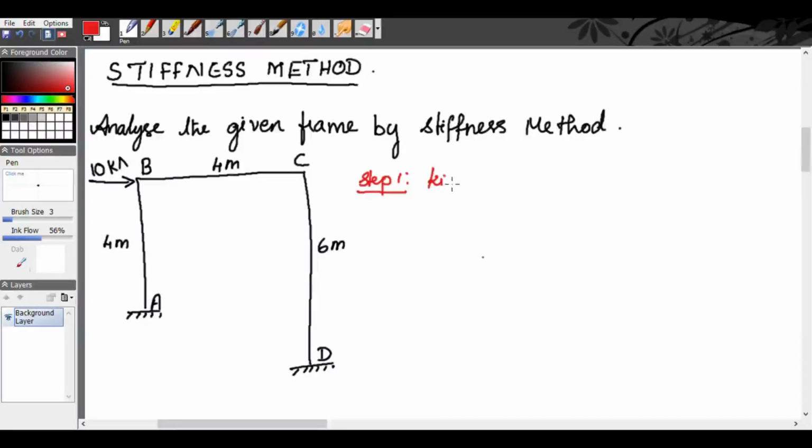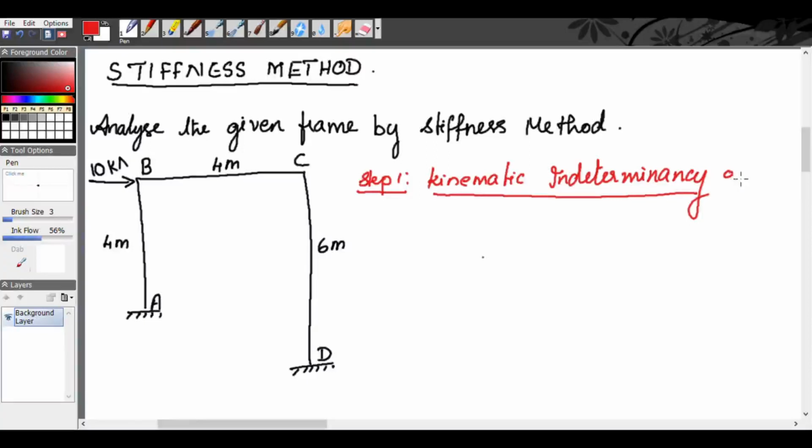So step 1 is kinematic indeterminacy, or degrees of freedom. We all know what is kinematic indeterminacy. It is the number of independent displacement coordinates.